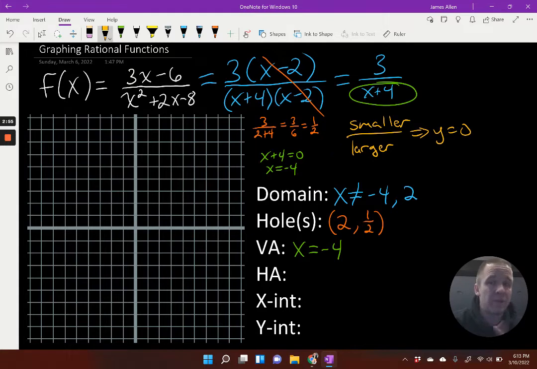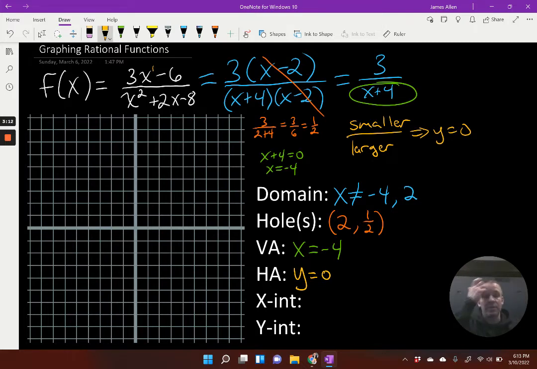This is the situation that we have in this one. My degree in the original is 1 for my numerator, and it is 2 in my denominator. Now, when I simplify, the degrees still stay where it's smaller over larger. I like to look at the original. So I have small over large. That means my horizontal asymptote is y equals 0.